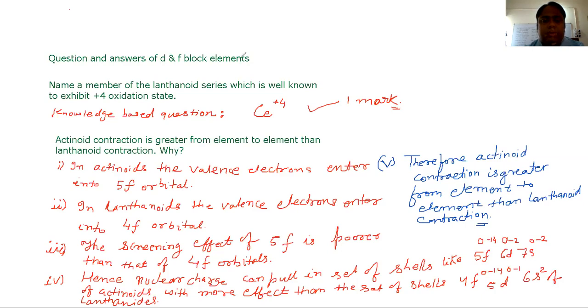Now, this will be a 2 marks question, and there are 4 value points in this. So if an evaluator tries to give you marks, then he would give you half marks for this, half for this, half for this, and half for this. Up to this somebody has written, that means the person knows the answer. So it will be half plus half plus half plus half equal to 2 marks.